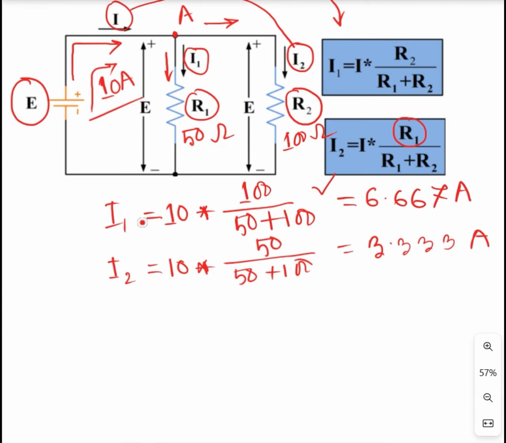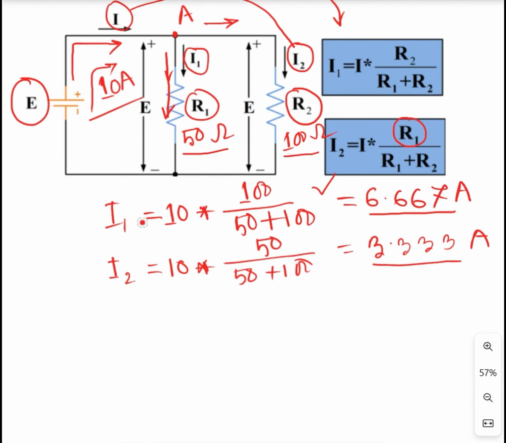Let's look at the current I1. Here we can see the resistance is 50, which is less compared to this 100 ohms at R2. It means that with low resistance, more current. That's why here is 6.667 amps, and I2 will be less current, 3.333 amps.